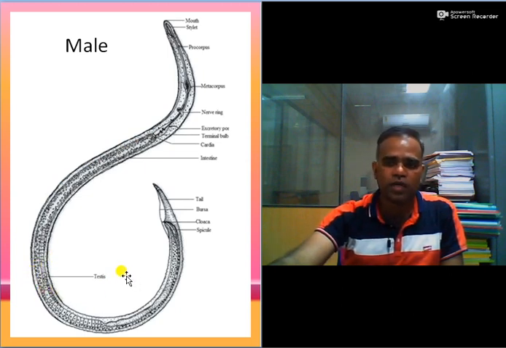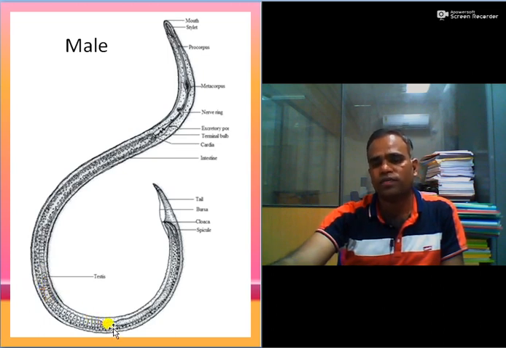Testis produces spermatozoa, which gives rise to sperms. So sperms pass through the seminal vesicle, and during copulation these pass through this spicule and are injected into the vulva of the female, and then carried and stored in the spermatheca of female.